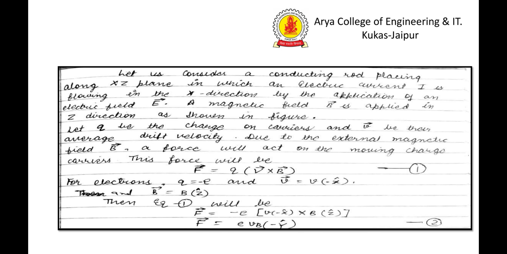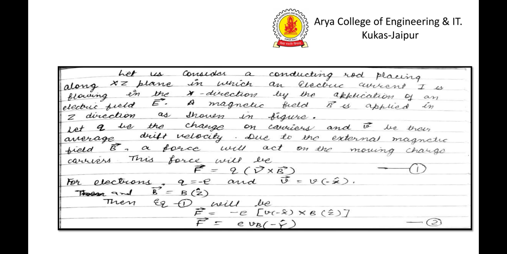Then equation 1 will be F vector is equal to minus e (v of minus x cap cross B of z cap). Minus minus plus. Here we are using vector cross product property: x cap cross z cap is equal to minus y cap.